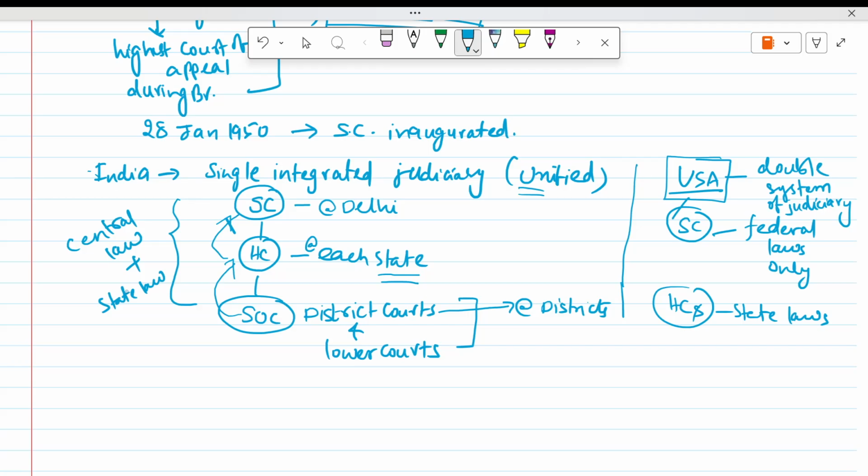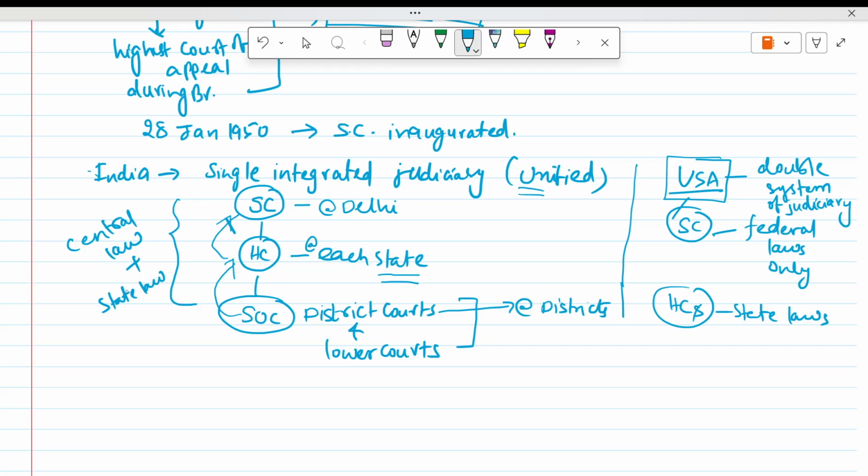Whatever jurisdiction is available, only up to that can the High Court see. So this is the single integrated judiciary we have, whereas in the USA there is a double system of judiciary, where the Supreme Court of the United States says central laws, whereas the high courts in America say state laws. This is one point you have to remember.